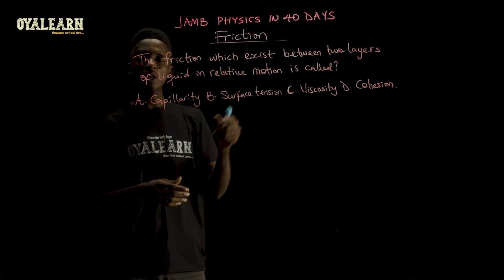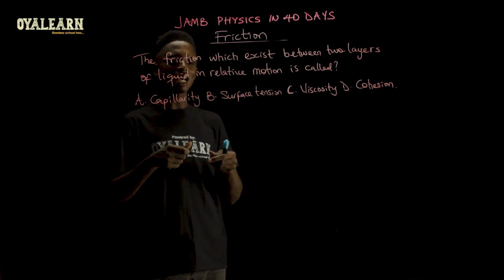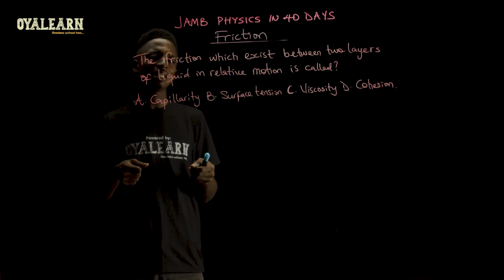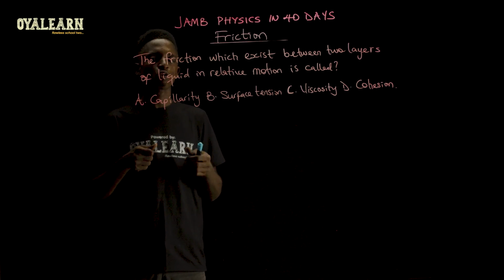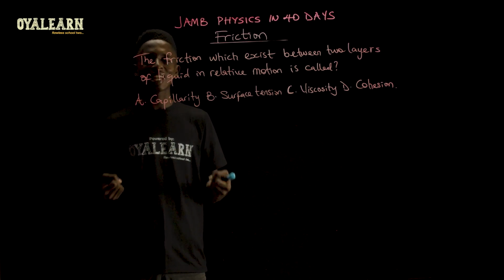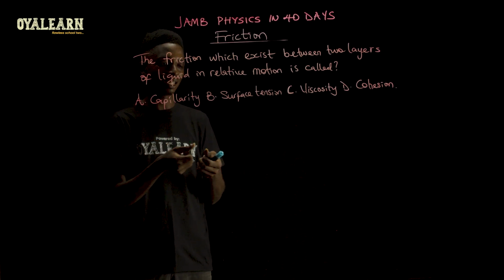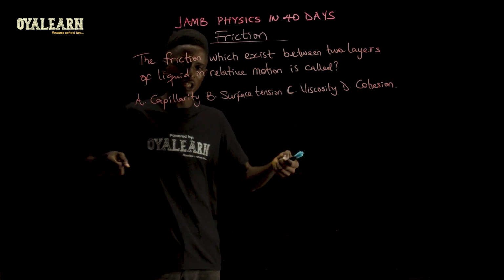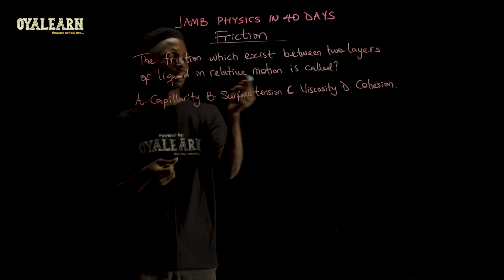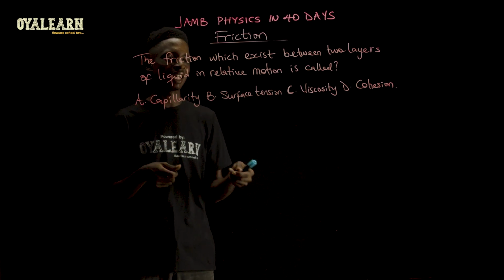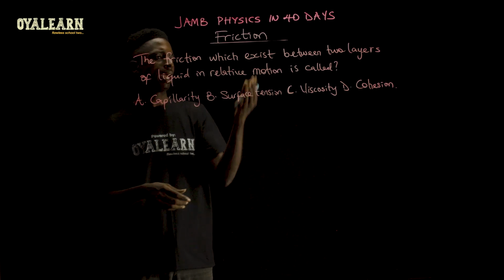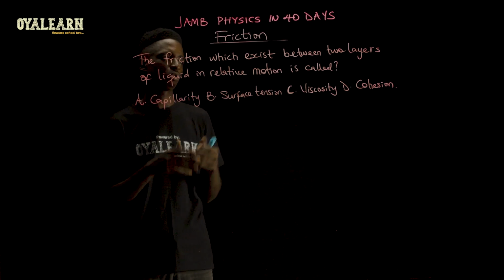Option B says surface tension, which is the ability of the surface of a liquid or a fluid to act as a stretched elastic surface. That is when you stretch an elastic skin, the surface of a fluid acting like that is what we call surface tension.